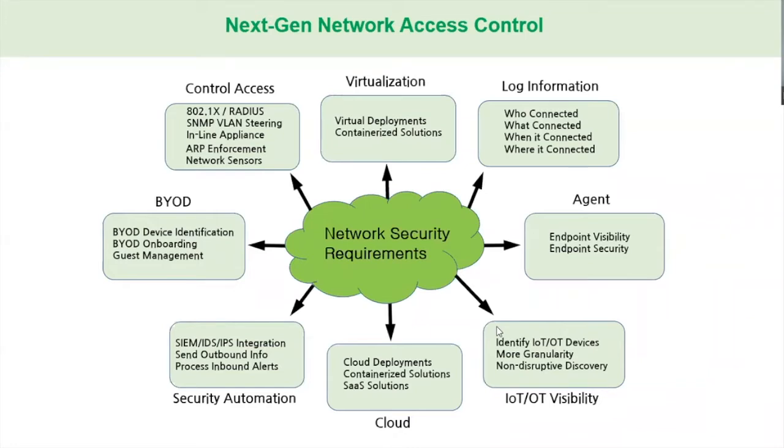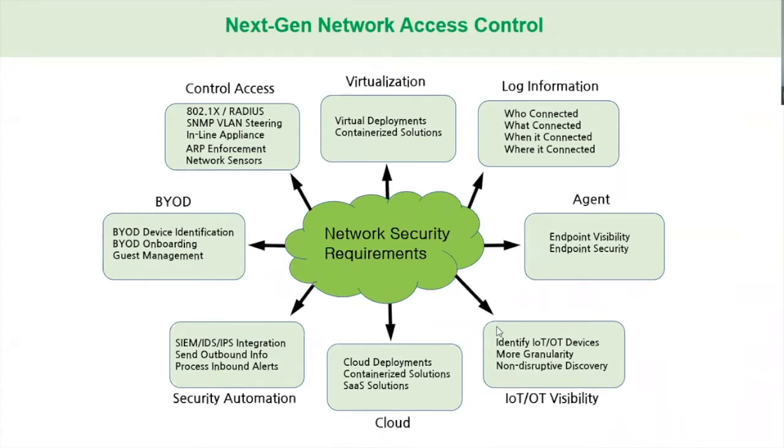Also, endpoint security came to the forefront, so agents were developed to provide endpoint security visibility. And as well, security automation came into play. So integration with external systems such as SIEM, IDS, IPS had to evolve into NAC products. Additionally, you had IoT, OT, which came to the forefront. Those had to be contended with.